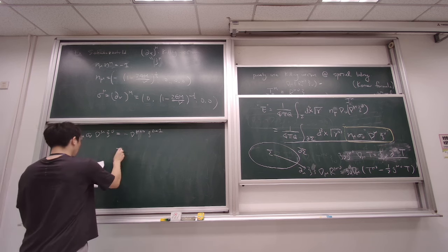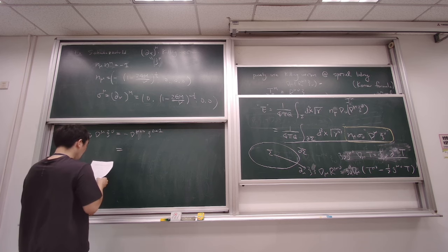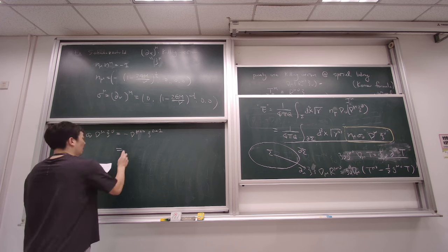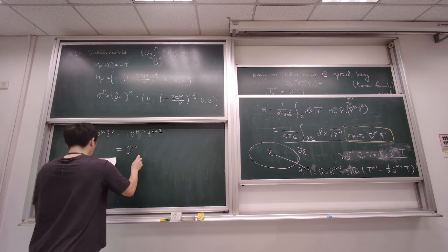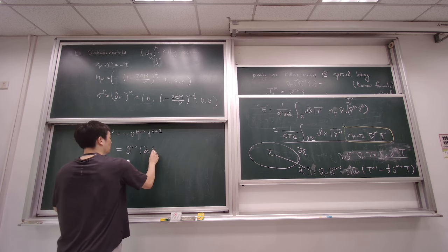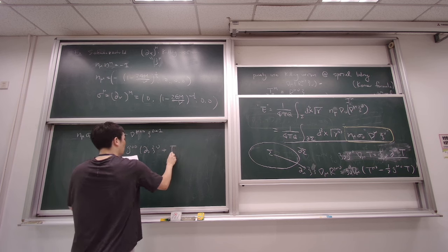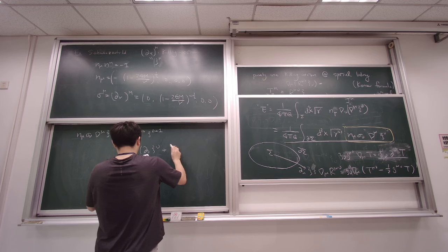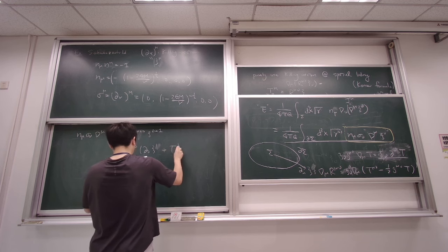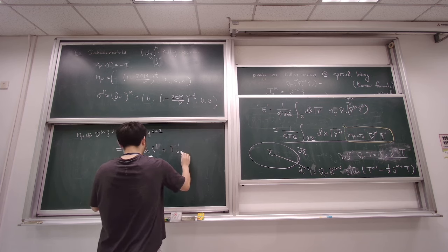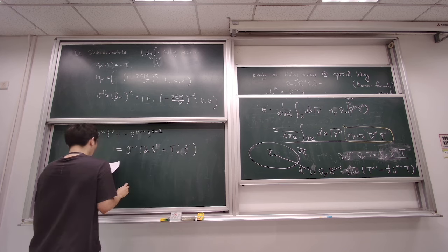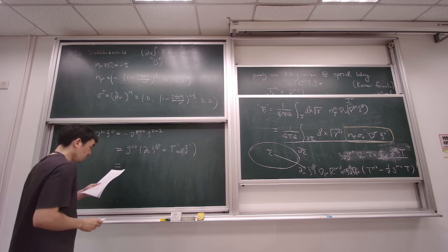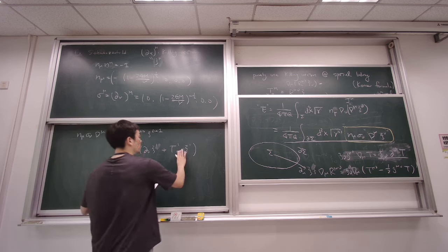And if you evaluate this one, I just write down the lengthy derivation for this one. Del 0 c1 plus gamma, sorry, c0 and 0.